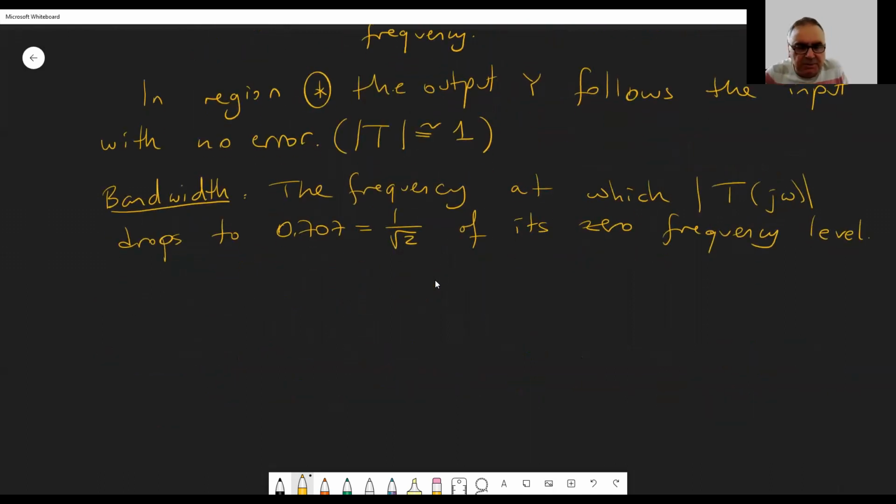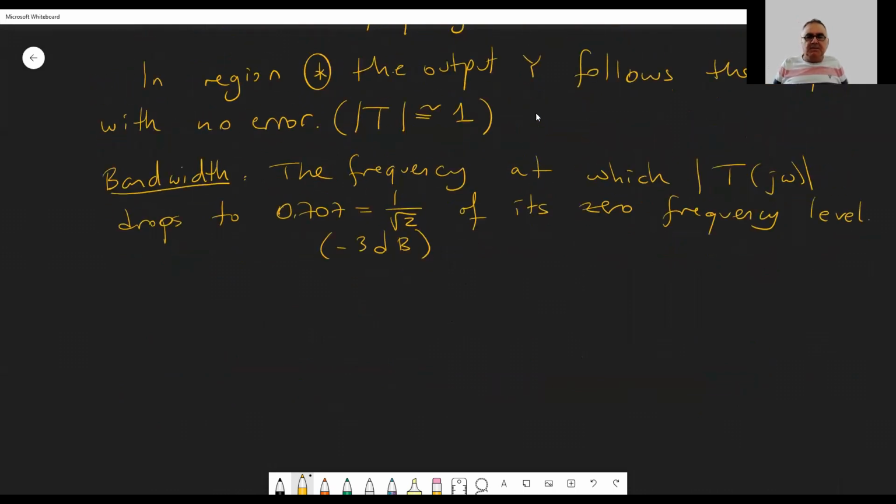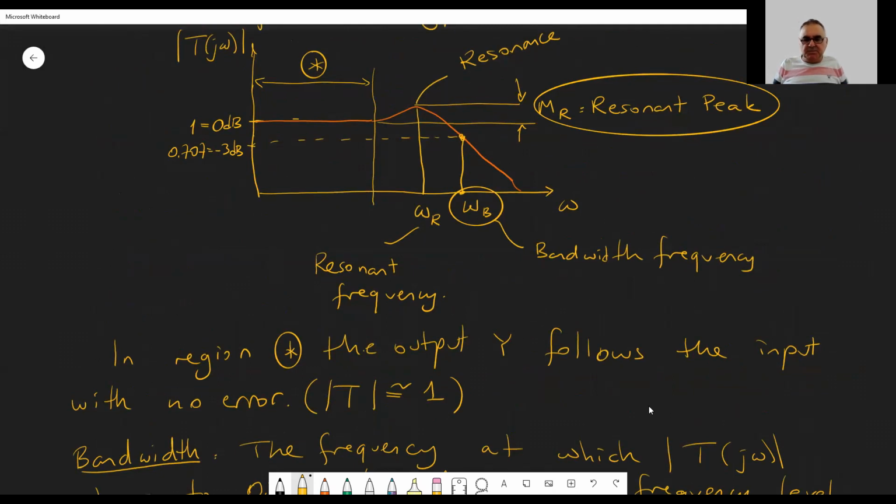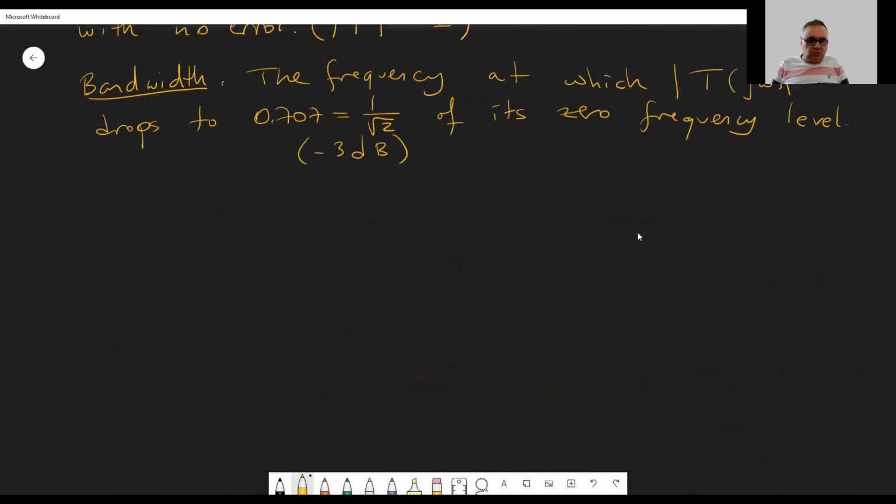This is also equal to minus 3 dBs. Basically, if you have a high bandwidth system, your system is going to be fast.